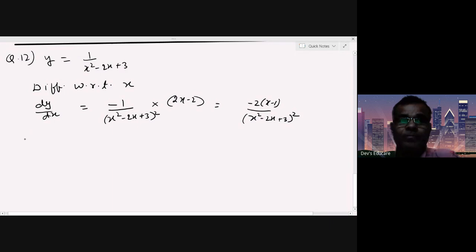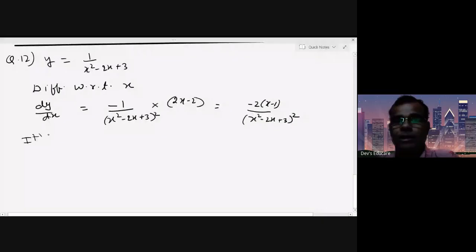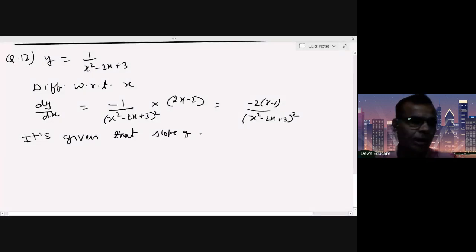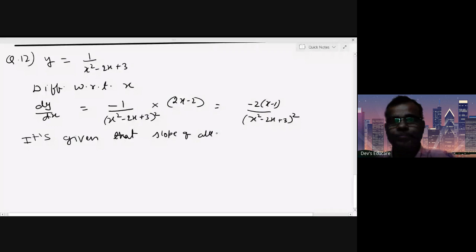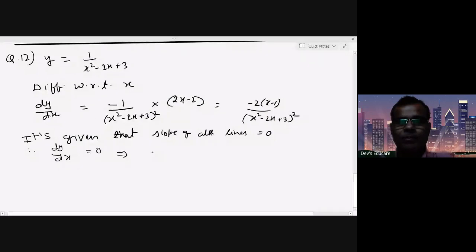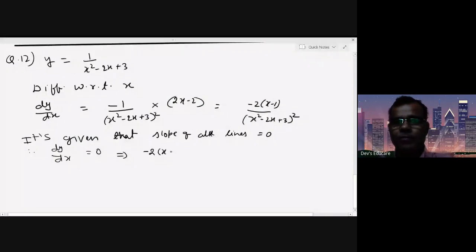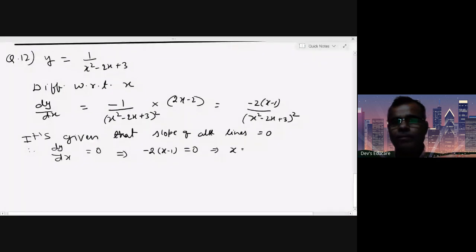Therefore dy upon dx is 0, which implies minus (2x minus 2) equals 0, which implies x equals 1.